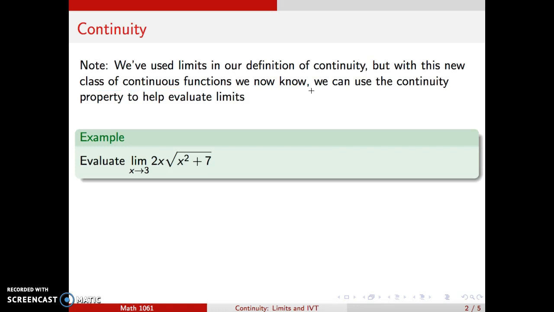So, a quick example, something like this. Now if we were going to do this without continuity properties, this is probably a pretty tricky one to tackle. We'd break it down using multiple applications of limit laws.